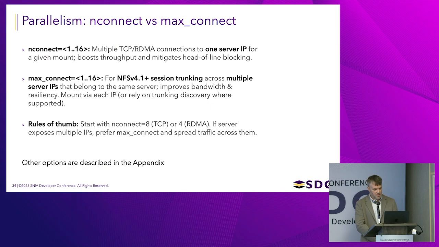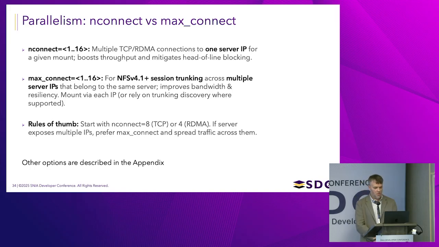And the most influential parameters are the client mount options. There are 2 client mount options which impact performance a lot. The first one is nconnect, the number of parallel TCP or RDMA connections to one server IP for a given mount. And the second one is max_connect, which allows us to get session trunking across multiple server IPs.